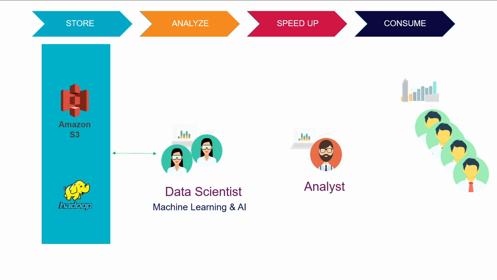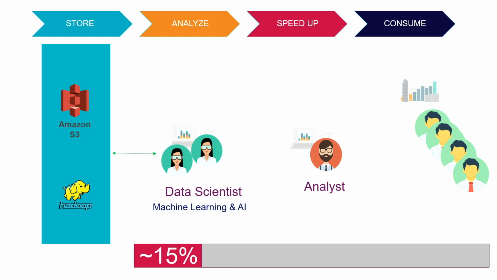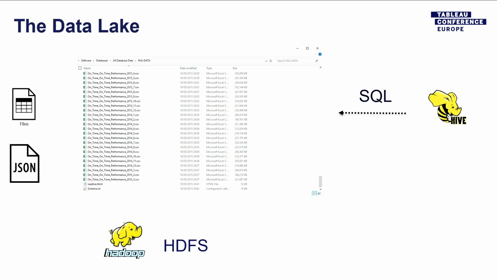So how do we bridge that gap now? Because currently we're just using roughly 15% of the value. Data scientists are producing a lot of value, but we could increase the productivity so much more by sharing the data with everyone. So let's have a look at the data.